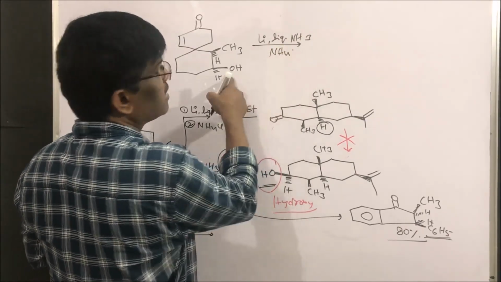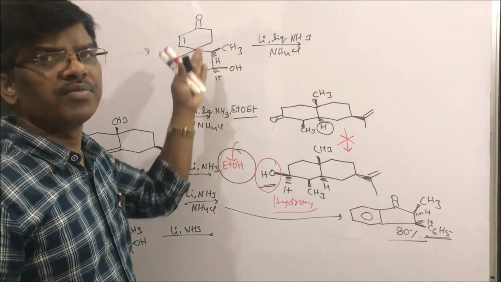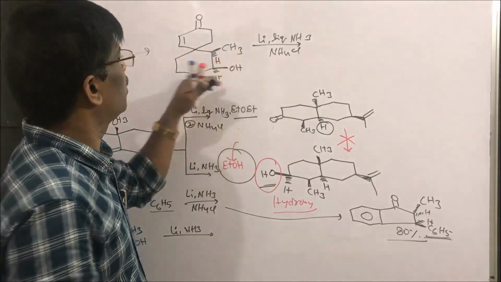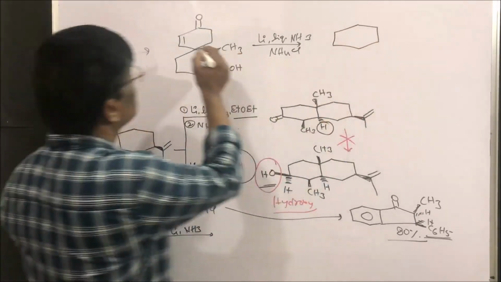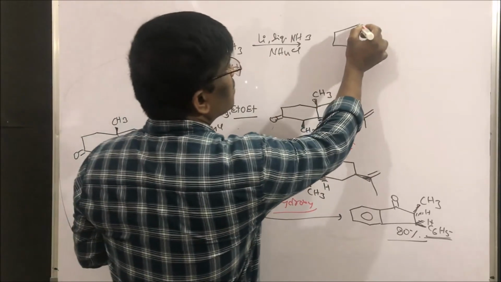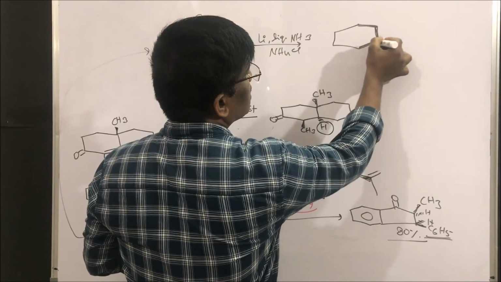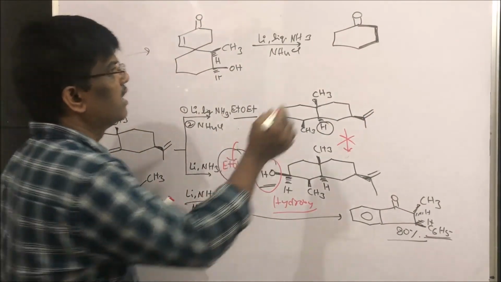I am going to add, since OH we have, so enolization, yes, OH may form salt with lithium. So to break up that lithium salt, I am adding ammonium chloride. So reduction of this, I am going to get this double bond reduced, right? So yes, it is going to give this compound. Ketone will be here as usual, right?